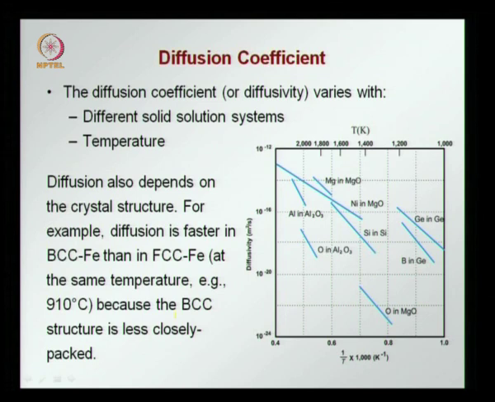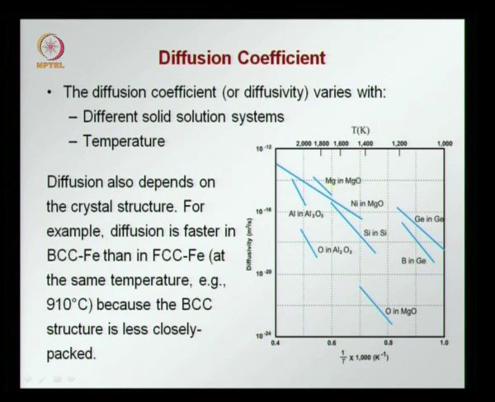This diffusion coefficient varies from one material to another. What is diffusing in what defines the diffusion coefficient, and also importantly we find that temperature also controls the diffusion. You see here on the right hand side diagram several of these blue lines showing different materials diffusing in others.